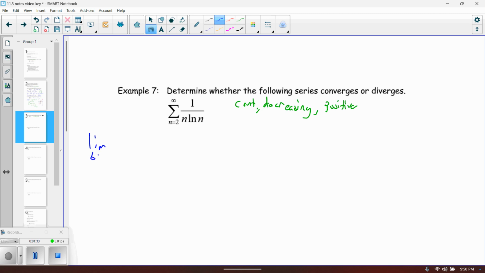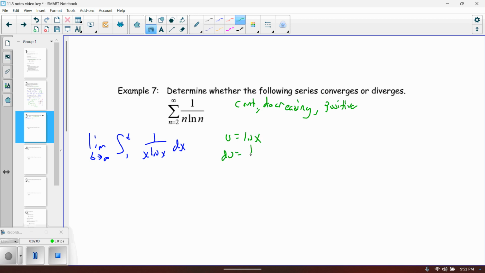So the limit as t goes to infinity of the integral from 1 to t of 1 over x ln of x dx. Okay, so this one is going to be a u substitution. Again, you should be able to recognize that if you let u equal the natural log of x, the derivative of that is 1 over x, which will get rid of the extra x in that denominator there. So let's do that. Let u equal the natural log of x.